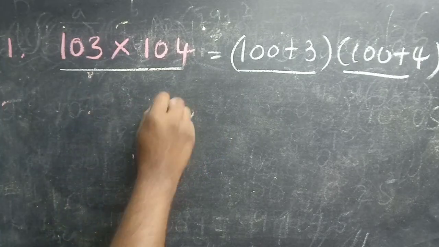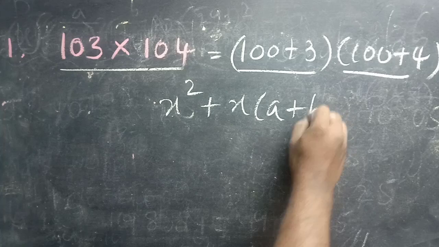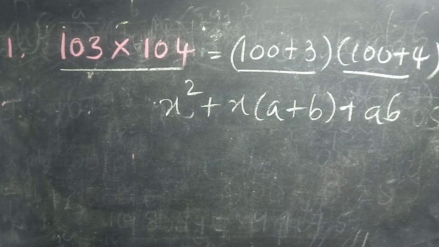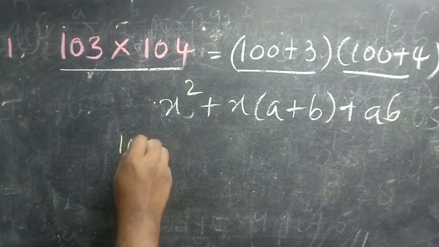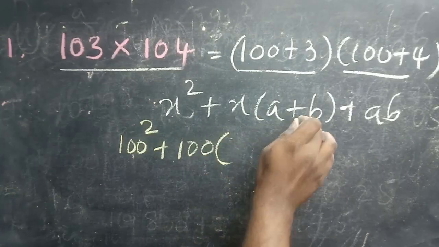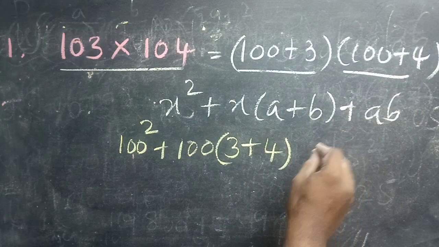Therefore, I can write it as x square plus x times (a plus b) plus a into b. In place of x, I have 100, that is 100 square plus 100 into (3 plus 4), plus 3 times 4. In the place of a, I have 3. In the place of b, I have 4.